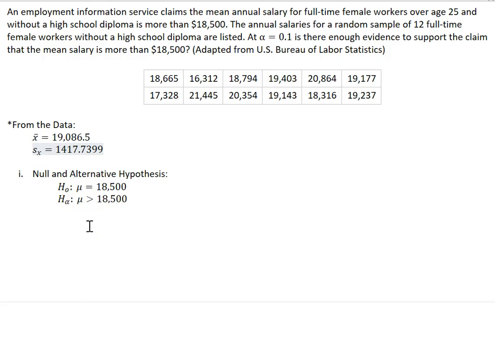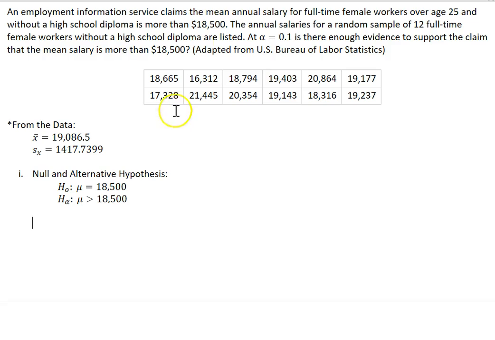Okay. So after we find and state our null and alternative hypotheses, we need to talk about what kind of test we're doing, right? So I literally know pretty much nothing about the actual population, except that I'm assuming the true population mean is 18,500. I have no idea about the standard deviation of the population.